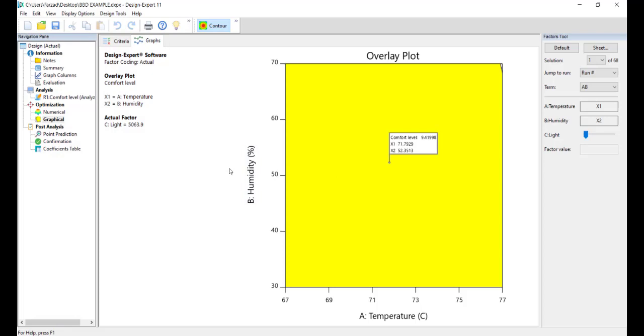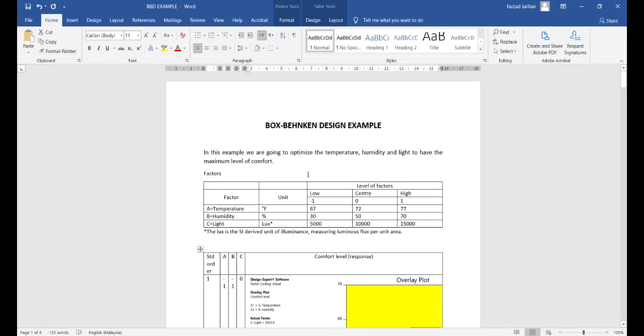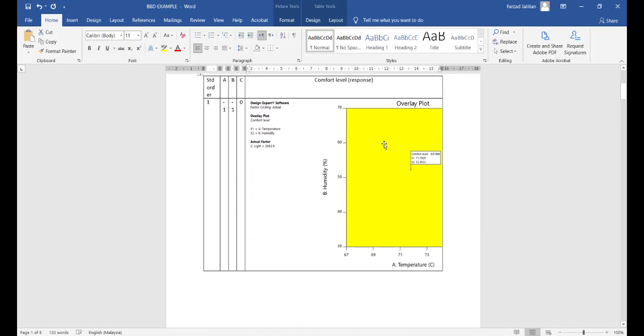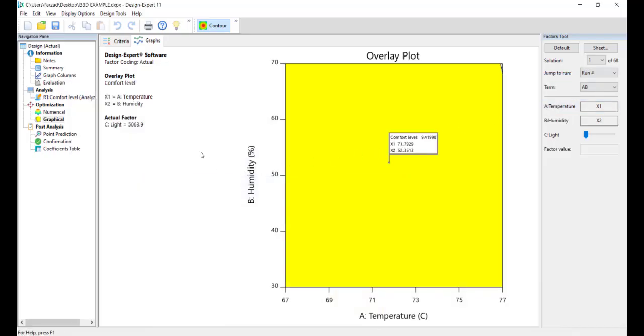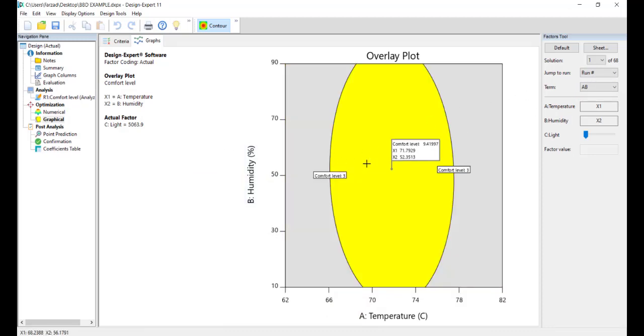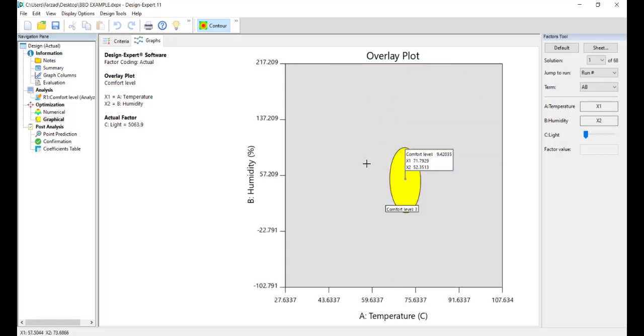If you notice, we had 15 different graphs, according to the number of graphs we have here. And this region is the optimum region.